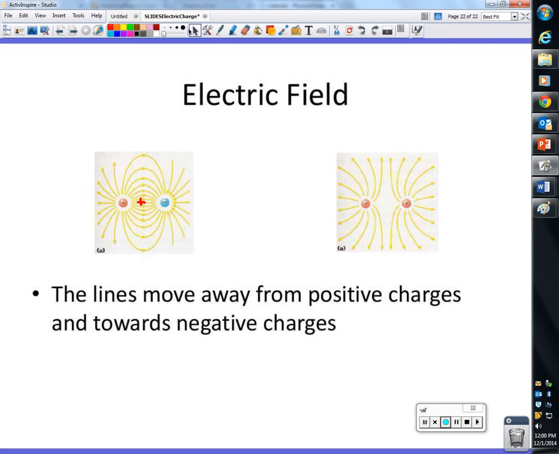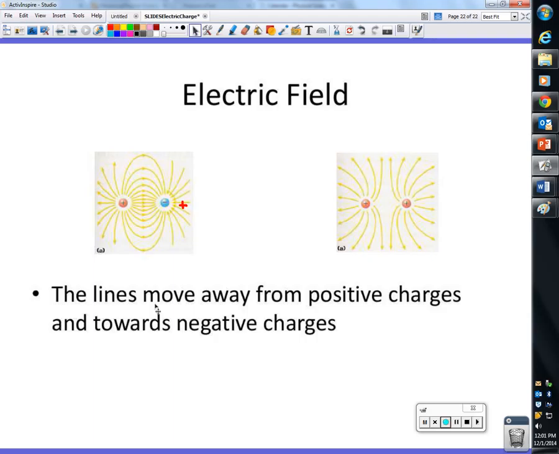Even if we moved it way over here, it would still be repelled by the positive, but eventually it would come back here. So those field lines that get cut off like right here, technically they're just kind of big circles that go around like this. Okay? So does that make sense? The arrows are always going to point away from positive charges and towards negative charges because that's how positive things will move.